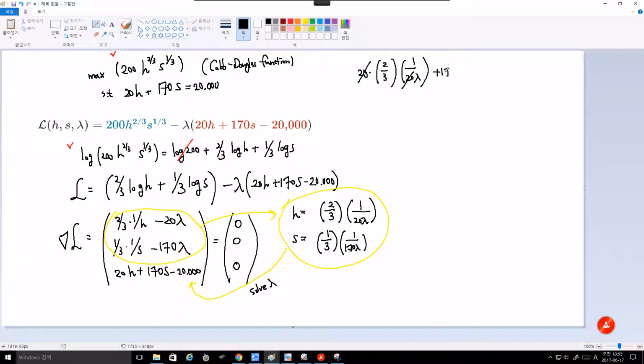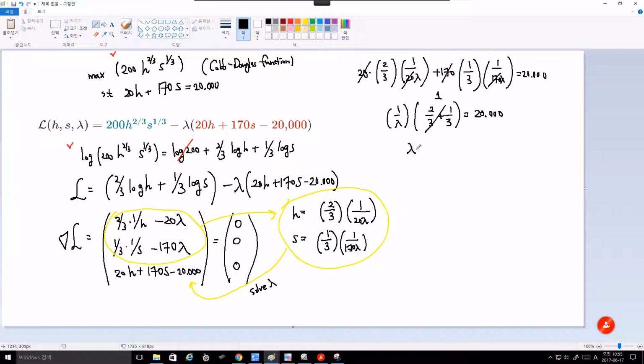Plus 170 again, and again, they beautifully cancel out. Equal to 20,000, right? So basically 1 over lambda times (2/3 plus 1/3) equals 20,000, and this is 1, right?